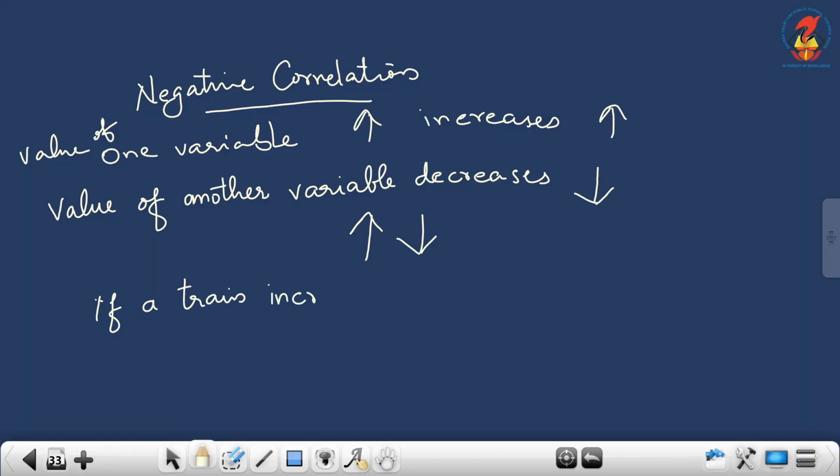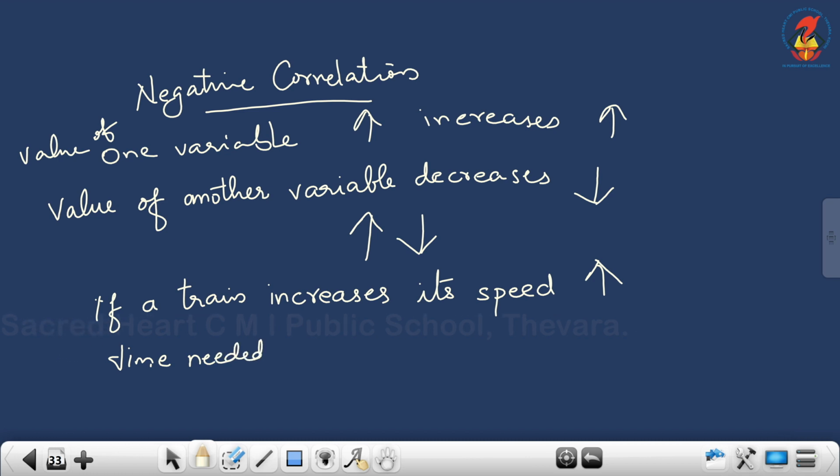If a train increases its speed, then the time needed to reach the destination will be less.